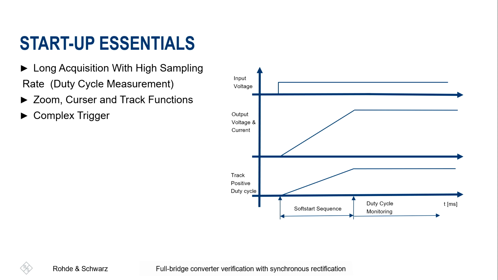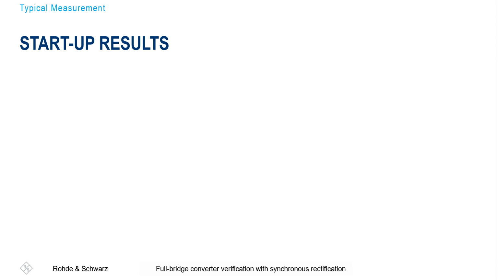And you need, of course, an instrument with a lot of memory as well. Then you can use your tools like zoom, cursors, and also track functions to analyze your soft start sequence. And this is exactly what we will have next.